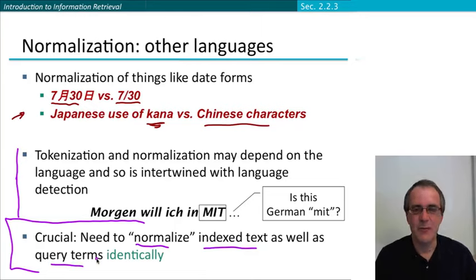If you normalize one way the document and another way the query terms, well then you're certain to have things not matching that should have matched. So you want both of those to be identical, which means if you have language particular normalization of the documents, then you also have to be working out how to do the same kind of language particular normalization of the query terms.